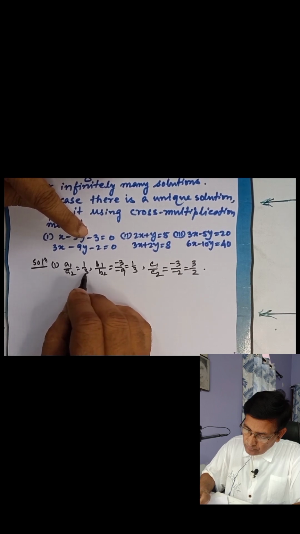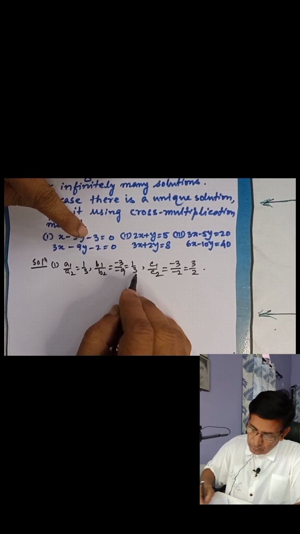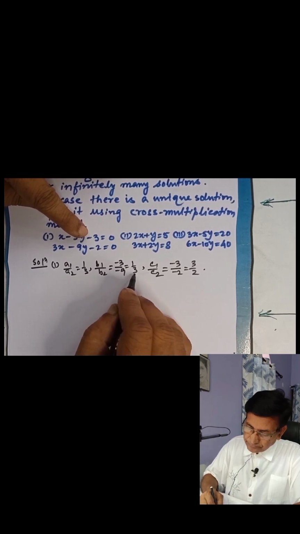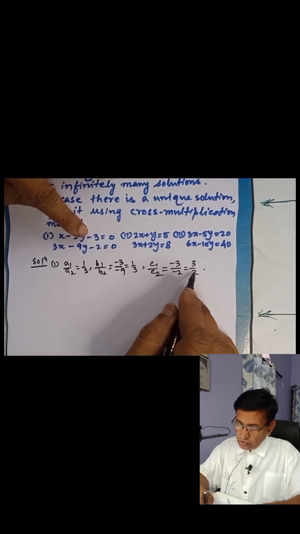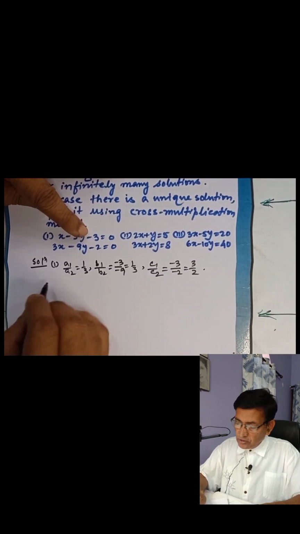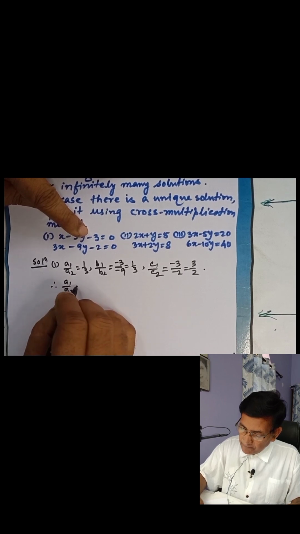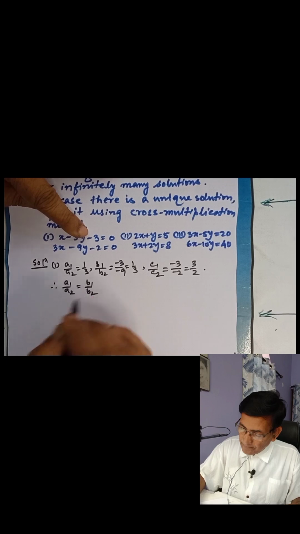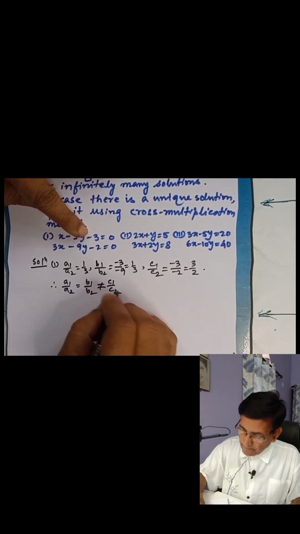So we can see that A1 by A2 is equal to B1 by B2. Both are 1/3, but it is not equal to C1 by C2 because it is 3 by 2. So we can conclude that A1 by A2 is equal to B1 by B2 is not equal to C1 by C2.